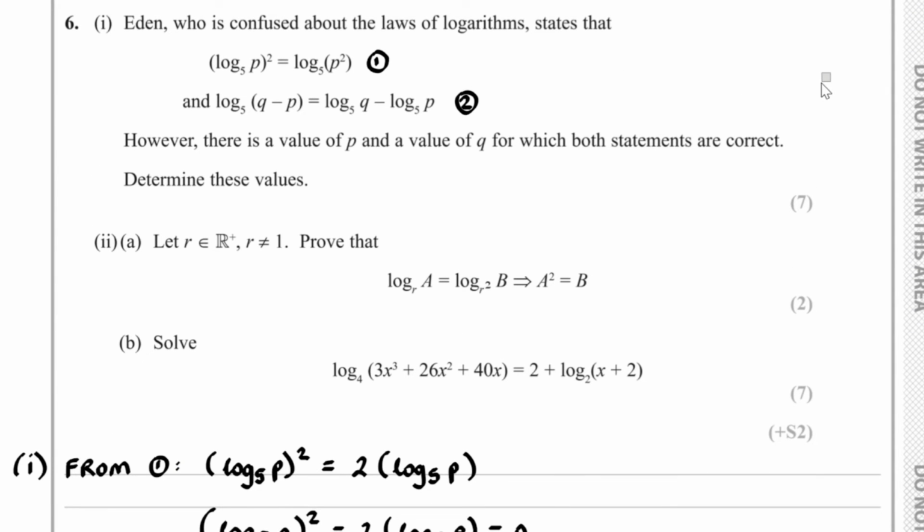For the next part of the question, we have to let r equal a positive real number where r doesn't equal 1, and we have to prove that log base r of a equals log base r squared of b implies a squared equals b.